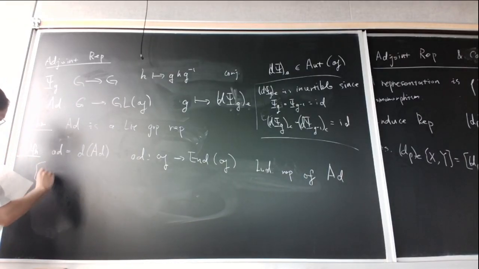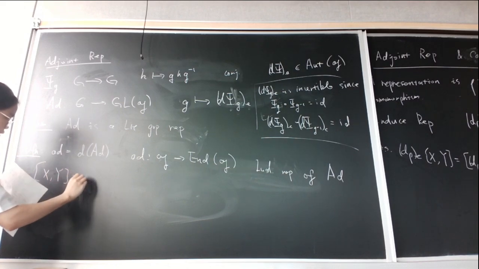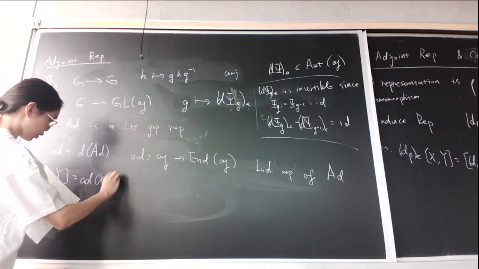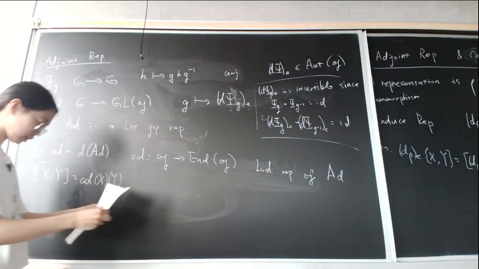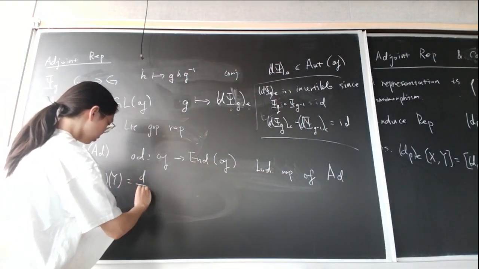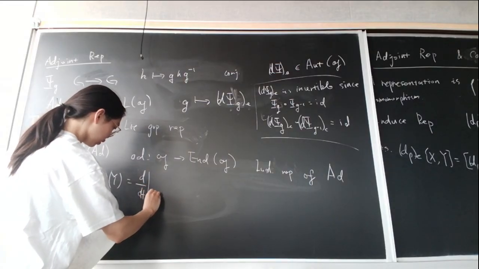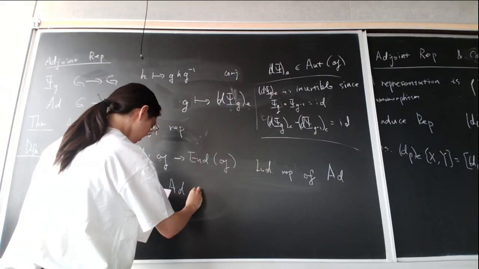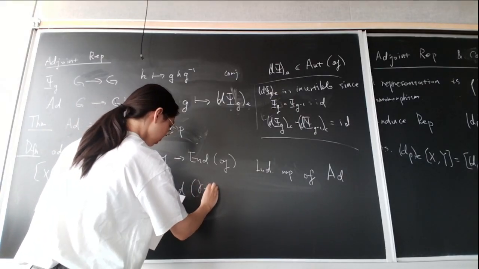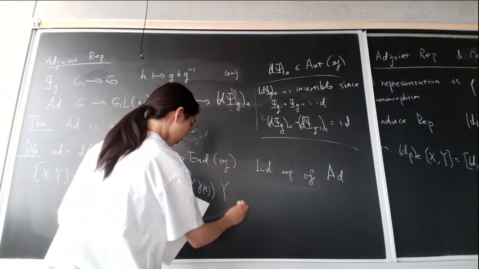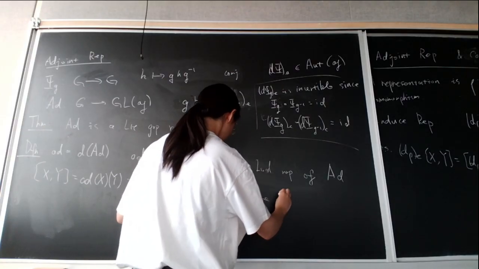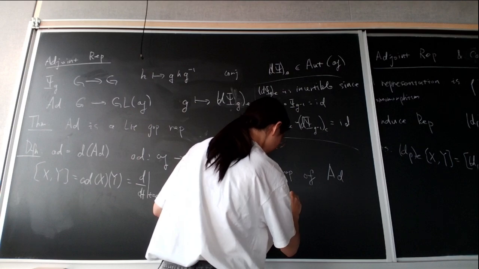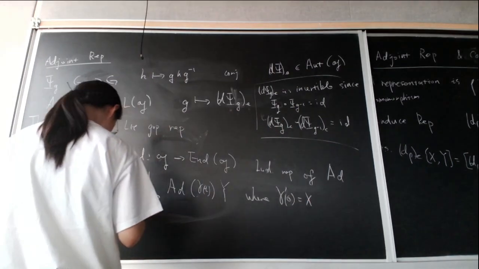And we define the Lie bracket to be lowercase ad of x applied to y, which is also equal to d/dt at t equals 0, Ad of gamma of t applied to y, where gamma prime of 0 is equal to x.